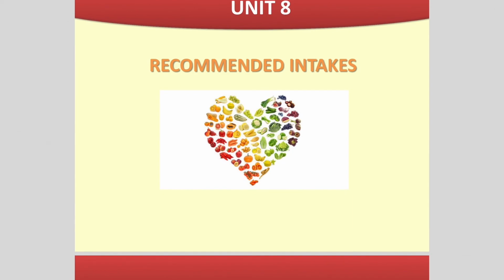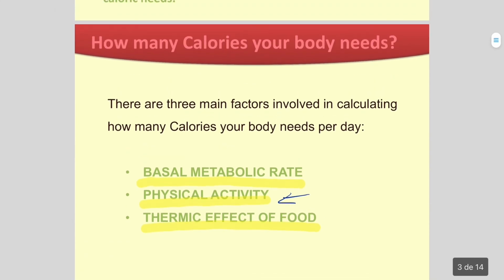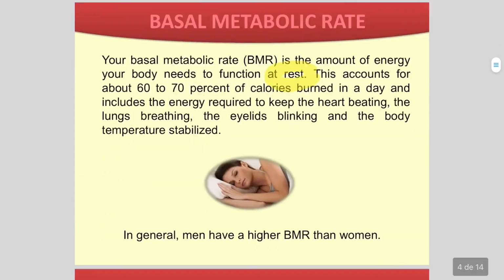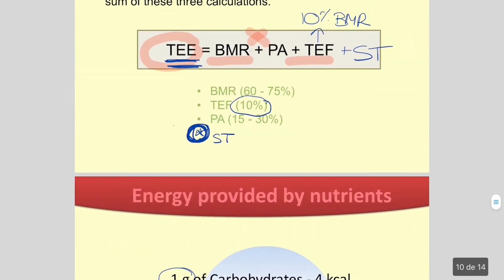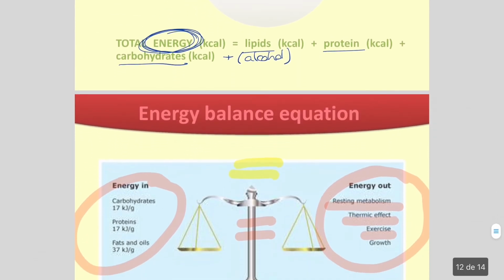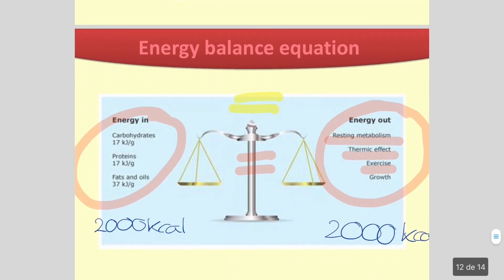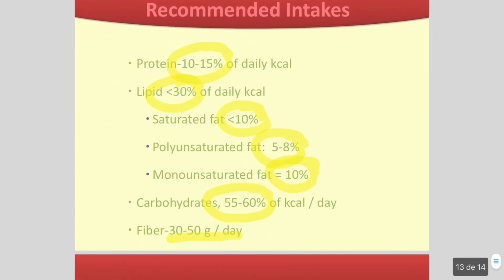Remember, we have seen how to calculate the calories your body needs. We know this as the total energetic expenditure, and once we know it, we can use this value to calculate the different macronutrients a person needs. And this is what we will do in the next class.